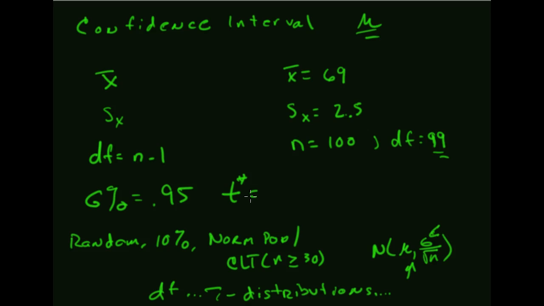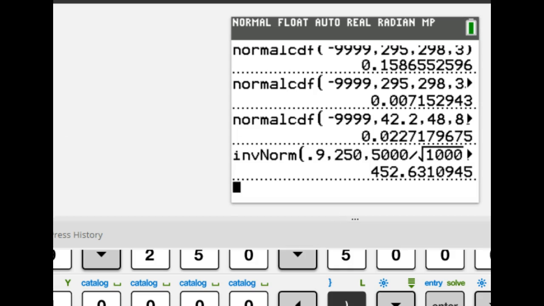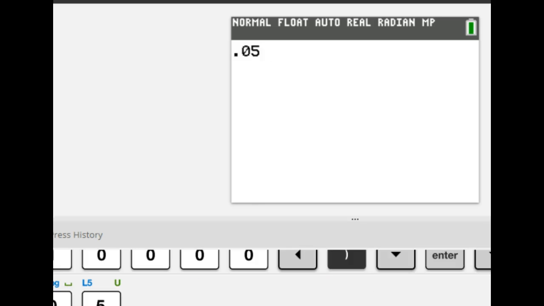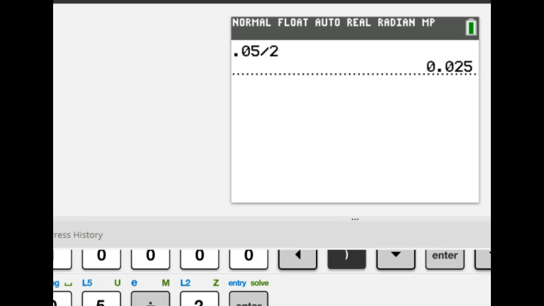I'm going to bring up the calculator. If I have 0.95 as my confidence level, my error is 0.05. I divide that by 2 and get 0.025.